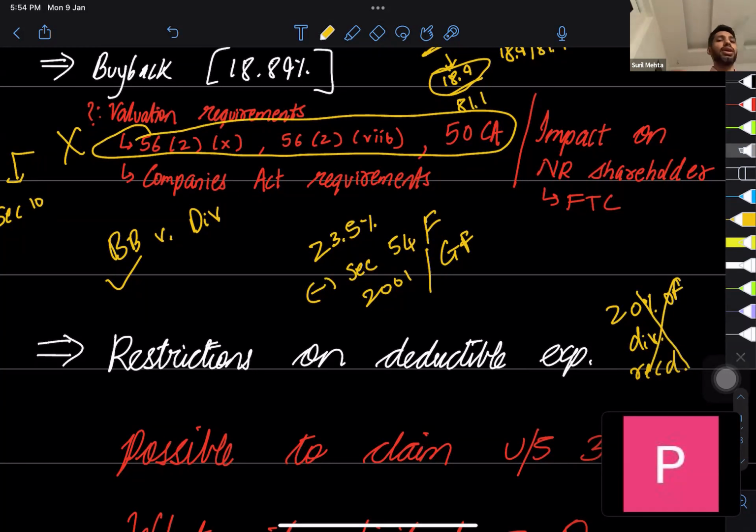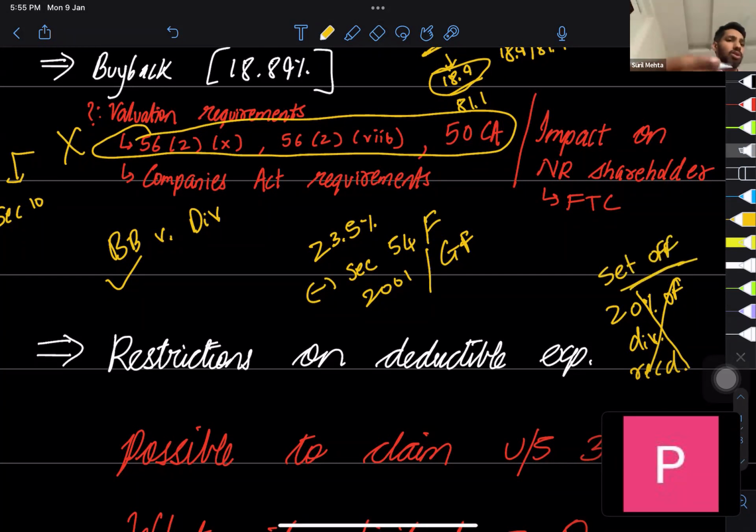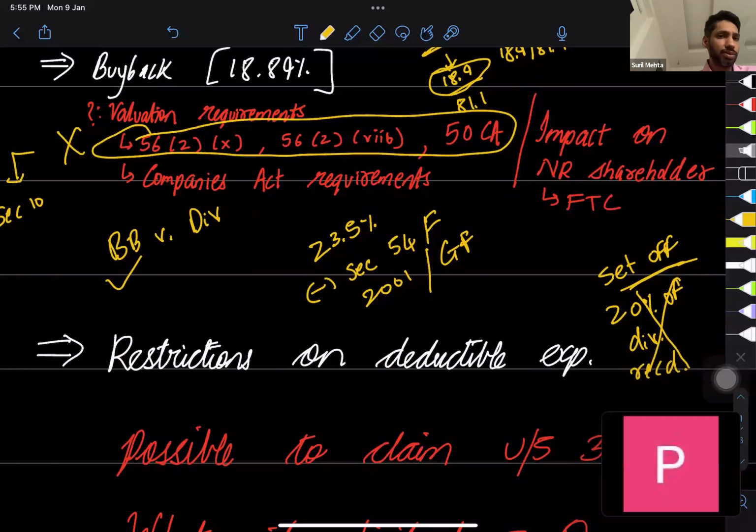The second loophole is that it doesn't allow any other deduction of expenses, but it doesn't talk anything about set off or carried forward losses, right? So as we mentioned, let's say you have taken a loan of 1,000 crores and you have made an investment of 1,000 crores in, let's say, Wipro or Infosys, or an unlisted company of this group.